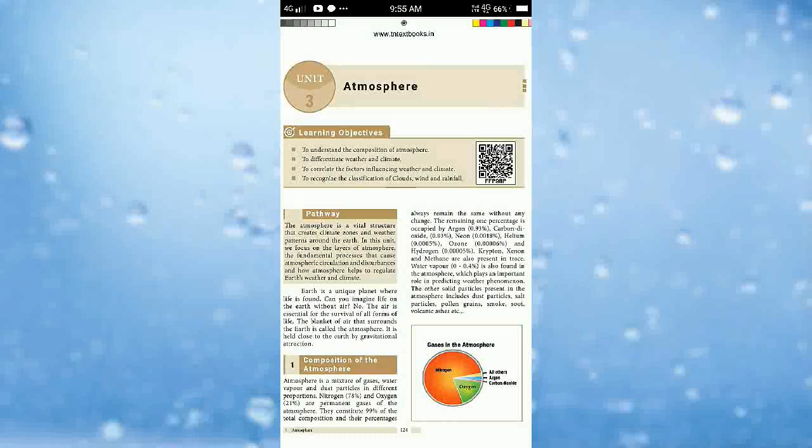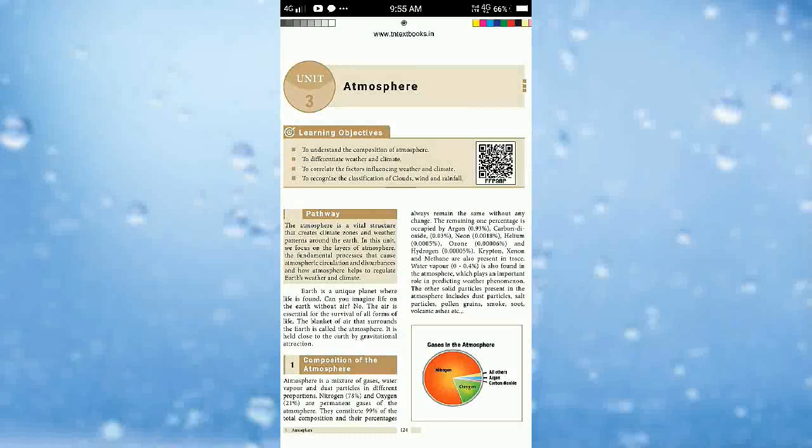Next one is the composition of the atmosphere. What is the meaning of composition of the atmosphere? Atmosphere is a mixture of gases, water vapor and dust particles in different proportions. Nitrogen 78% and oxygen 21% are permanent gases of the atmosphere.